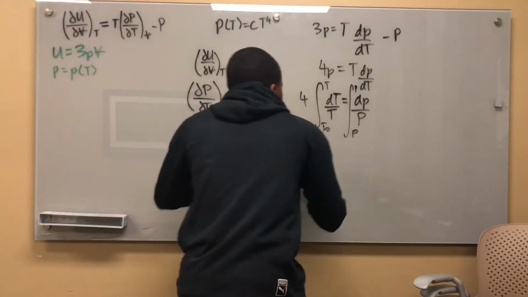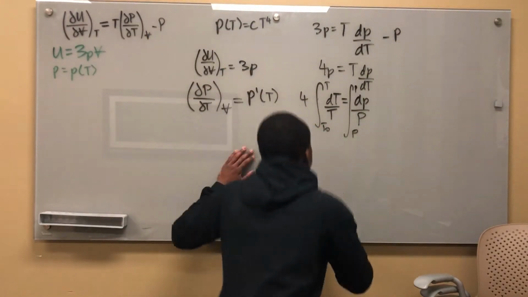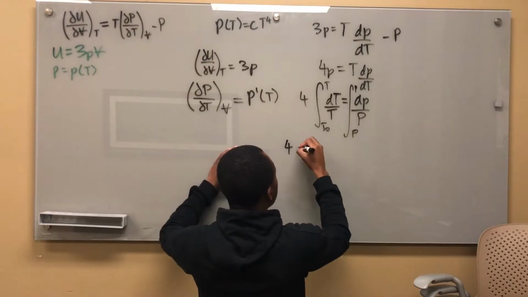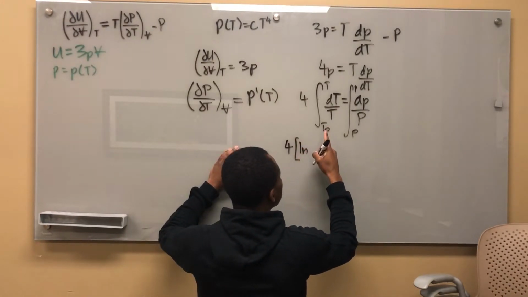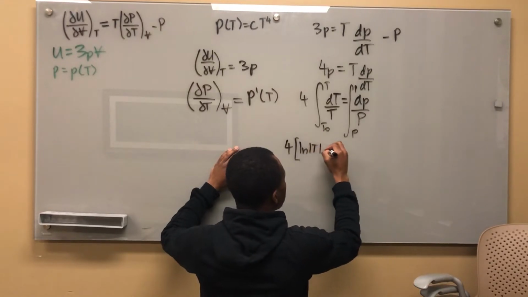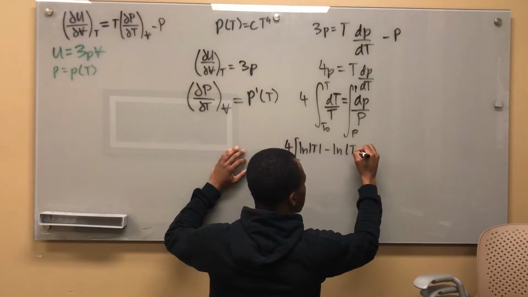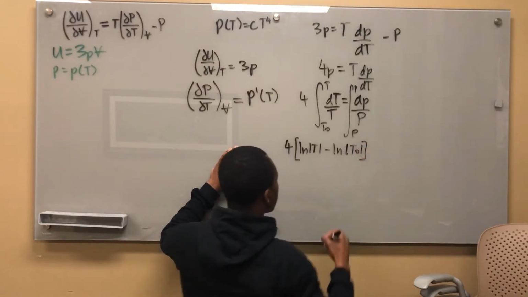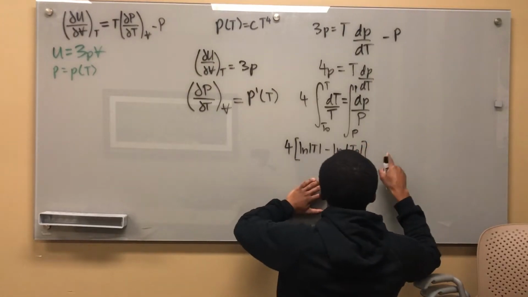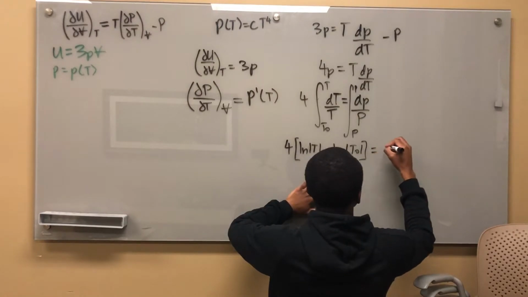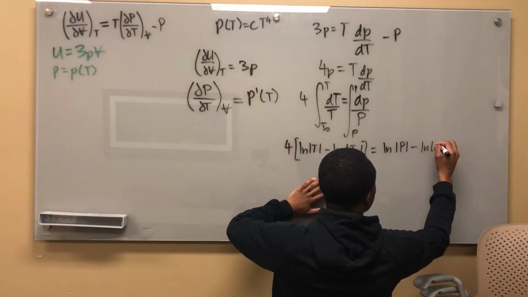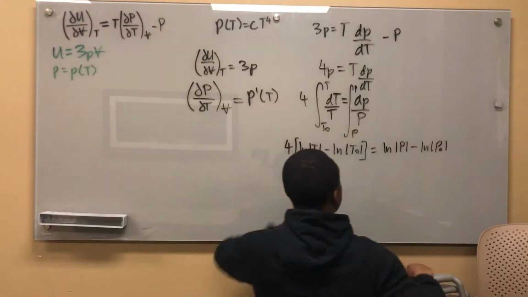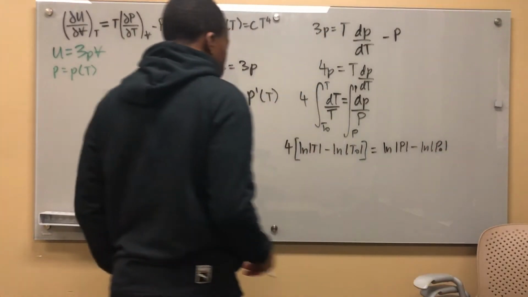Now once I do that, that's going to give me 4 times ln of T minus ln of T naught, okay? Now, this side is going to give me ln of P minus ln of P naught. Okay, that looks good.